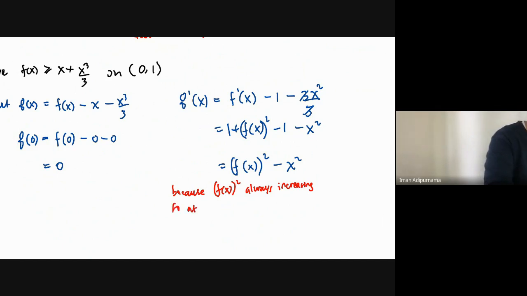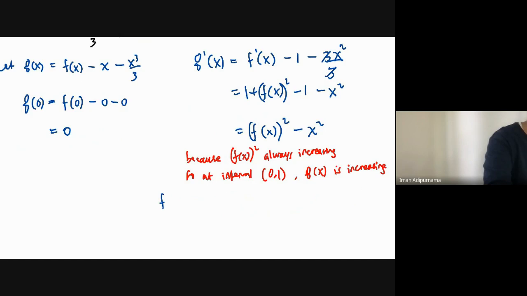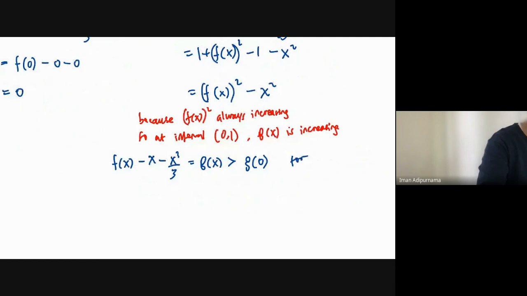So on the interval [0, 1], g(x) is increasing. So f(x) minus x cubed over 3, that is g(x), is always greater than g(0) for x in [0, 1].